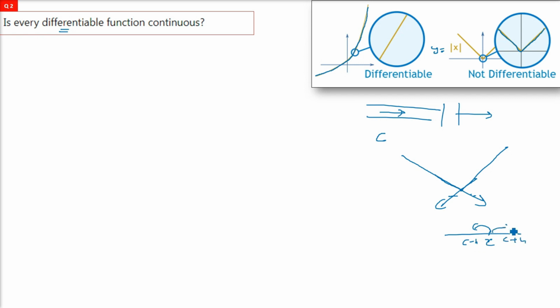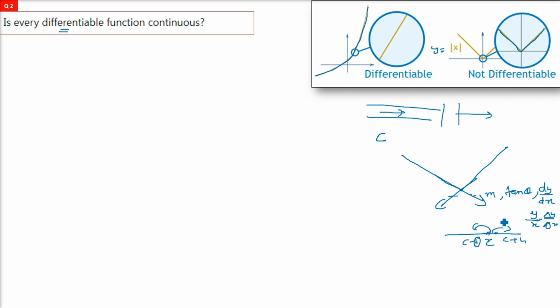If you want to check at c, you take c minus h and c plus h, and if both have the same tangent, that is the same value of m equals tan theta, dy by dx, then we call the function differentiable.